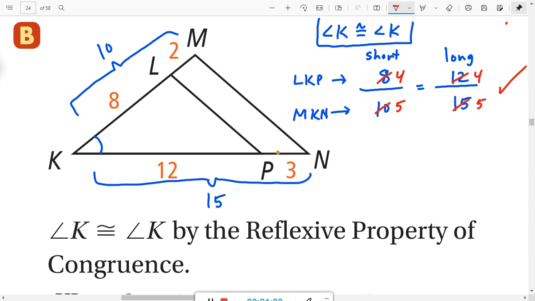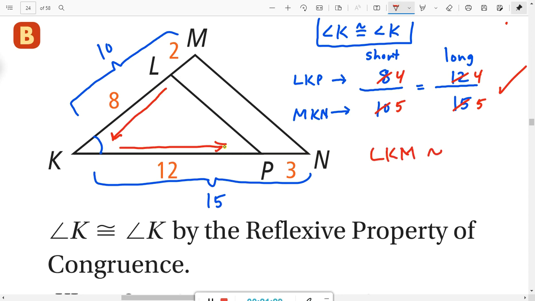And we want to trace it the same way. So for the smaller triangle, I'm going to go past the short and then past the long side. So that's going to be LKM. And then do the same for the big triangle.